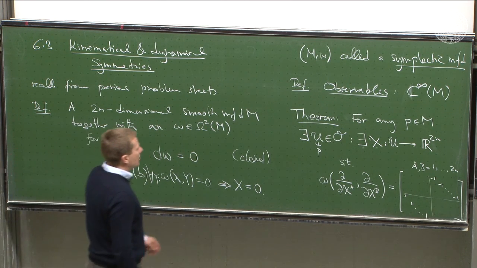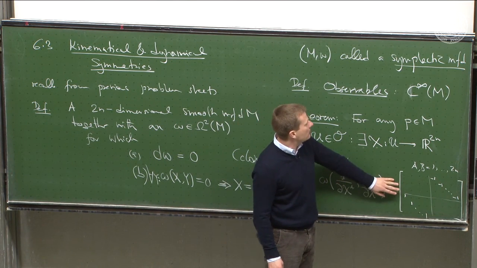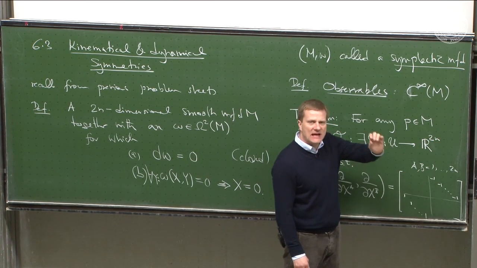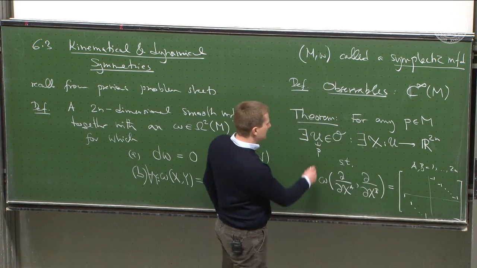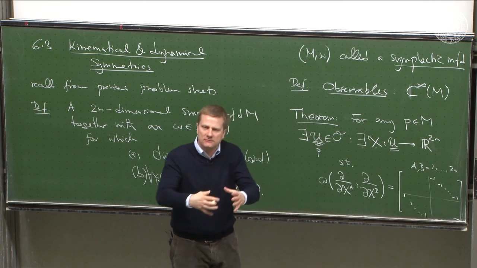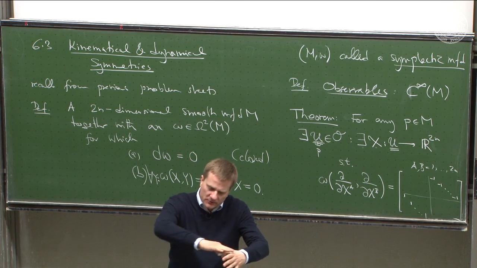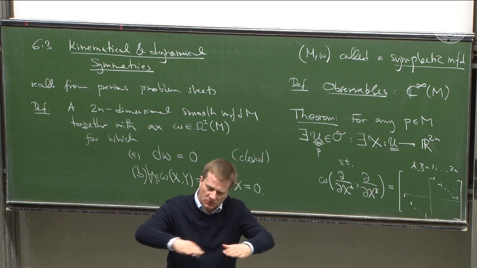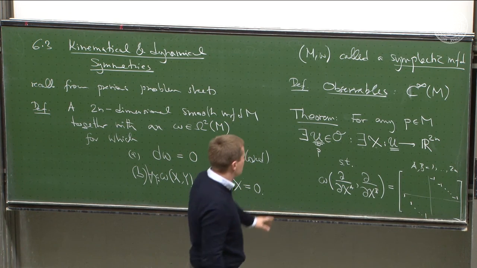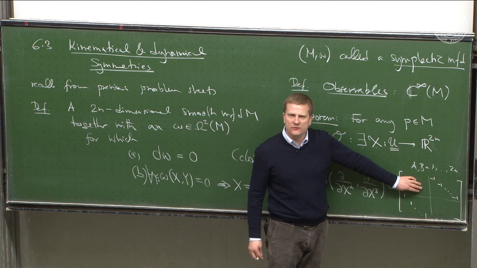Okay? And note, this is very special because it's not just a normal form for an antisymmetric 2n by 2n matrix at one point. It claims that around a point there's always an open region, maybe a small open region, but nevertheless an open region, where you can extendedly choose coordinates, and nevertheless over the entire region the omega takes the simple form. For a metric manifold that's not possible.